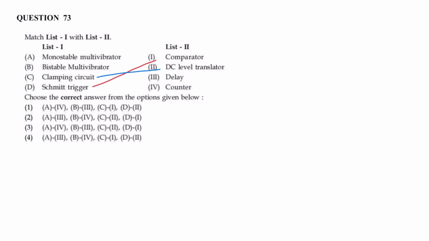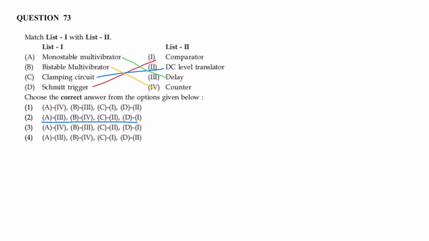Bistable multivibrator, it is a counter. Monostable multivibrator, it is a delay. Therefore correct option is 2: A3, B1, C4, D2.